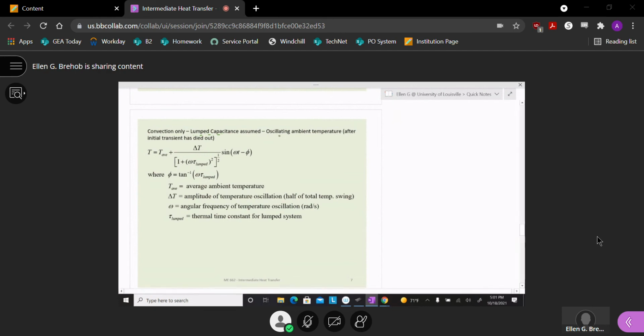And now we have an oscillating ambient temperature. The classic example is thinking about temperatures during a sunny day. It's modeled as being sinusoidal: around 3 o'clock in the afternoon the ground has heated up the most, the sun's been up the longest, you get the highest temperature, and it drops overnight, so it has an oscillating temperature.